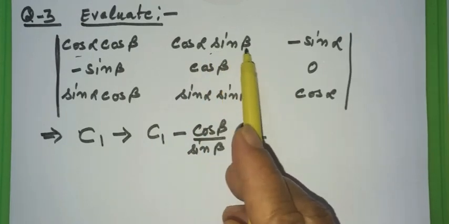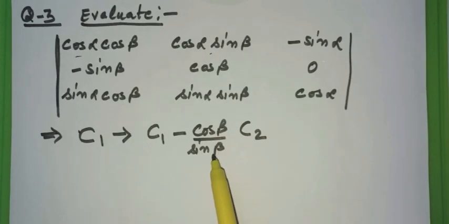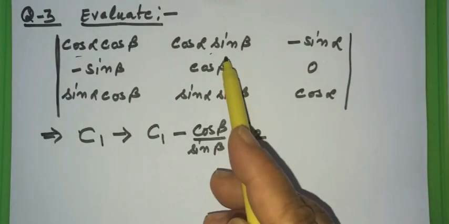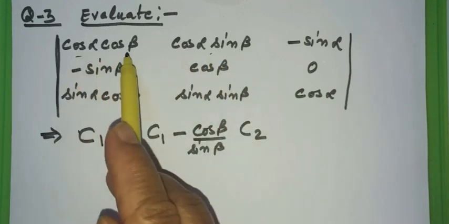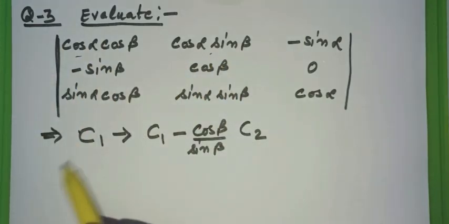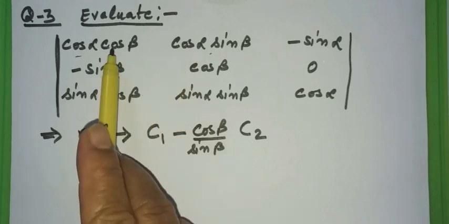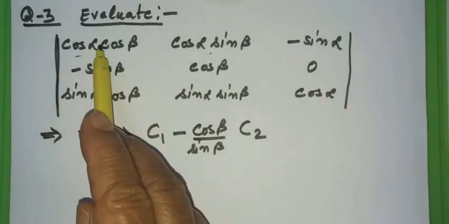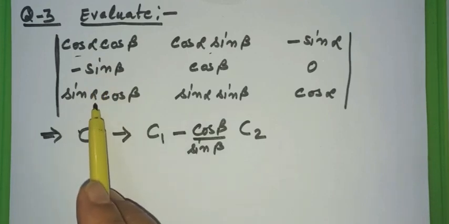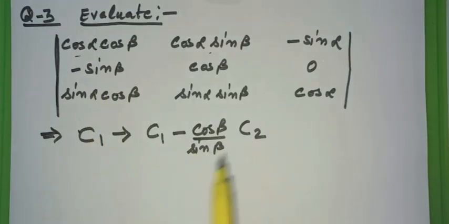If I multiply this by cos beta upon sin beta, sin beta will cancel, and cos alpha cos beta will cancel with cos alpha cos beta. So I will get the first element 0. Also, the third element of the first column will become 0 straight away by applying this operation.